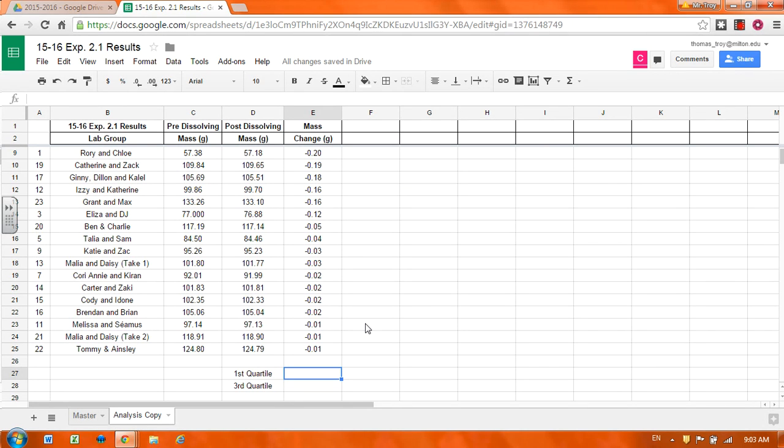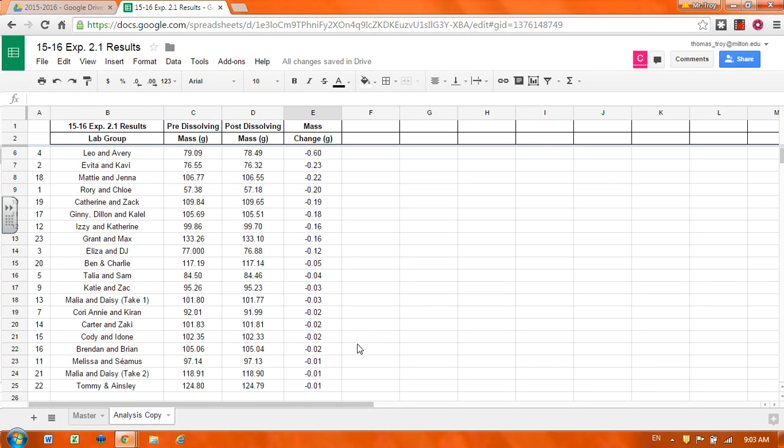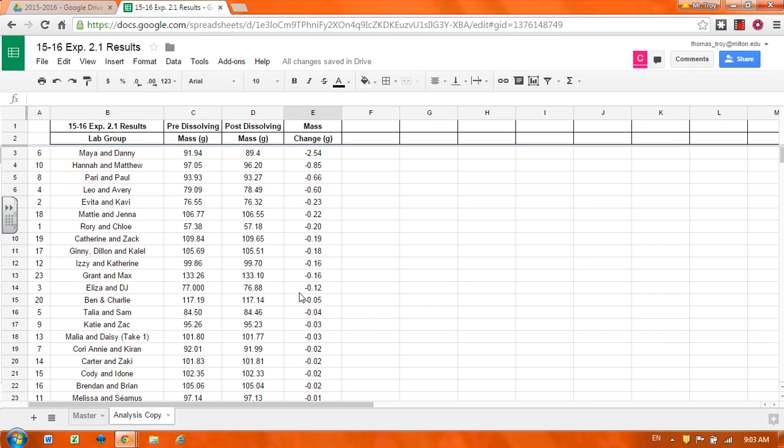Well, the 50th percentile of the data would be the median. So if we look at the mass reading where 50% of the mass changes are lower and 50% are higher, that might be in the neighborhood of negative 0.20 or so, negative 0.16 grams or so.